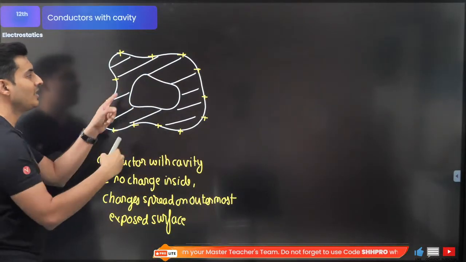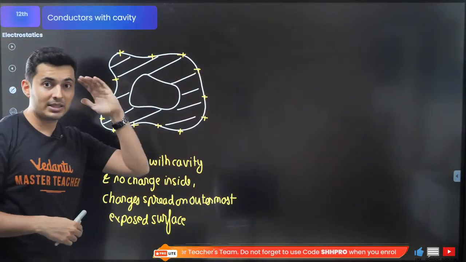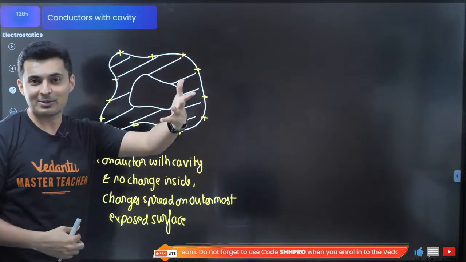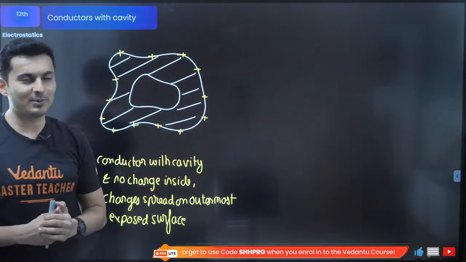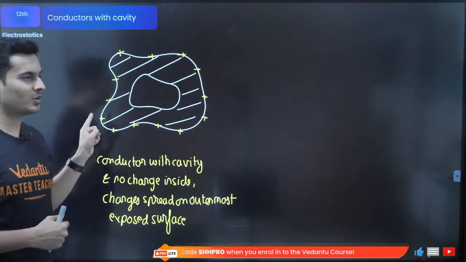There are no charges which you will see on this surface. A lot of people think, oh, this is also a surface, sir, so maybe there will be charges. No, nothing else will be there over there. It will be only on the outermost surface.